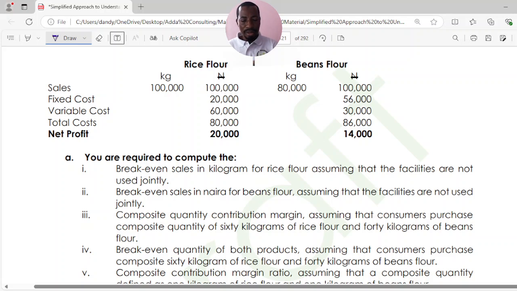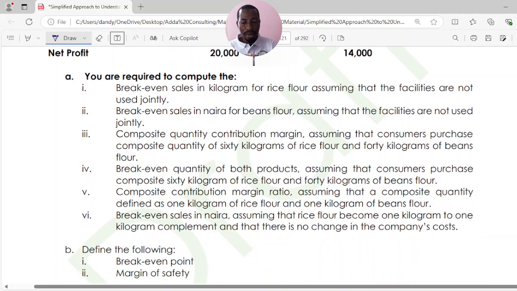3, composite quantity contribution margin, assuming that consumers purchase a composite quantity of 60 kg of rice flour and 40 kg of beans flour. Then number 4, calculate break-even quantity of both products, assuming that consumers purchase a composite of 60 kg of rice flour and 40 kg of beans flour.